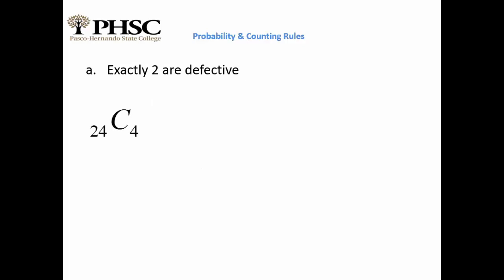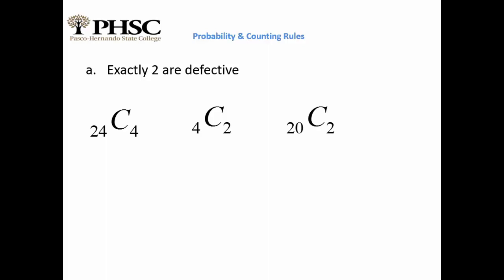Again, our denominator is going to be 24 choose 4. We have 24 to choose from, and we're choosing 4 out of the 24. Here, 4 of them are defective, but we only want 2, so it's going to be 4 choose 2 to find out how many are defective.